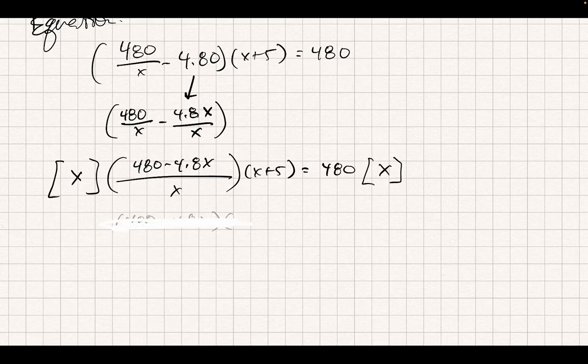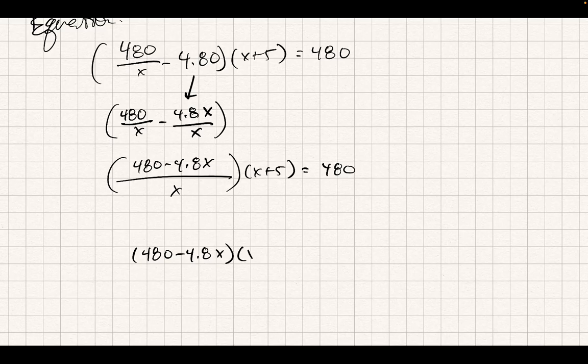So I'm going to write this in another way that I hope makes it clear. Before we multiply both sides by x, you tell me if this looks equivalent. Yes or no?